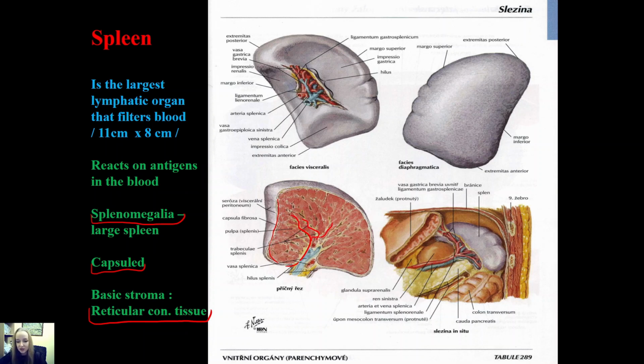Yeah, reticular connective tissue, and a capsule, and this capsule creates trabeculae, once again, trabeculae of connective tissue. But this time, these trabeculae are emerging from the hilum, so it's the opposite. In the lymph node, they were coming from the capsule on the periphery, but in the spleen, they're going outside of the hilum here. These trabeculae are more important than in the lymph node.